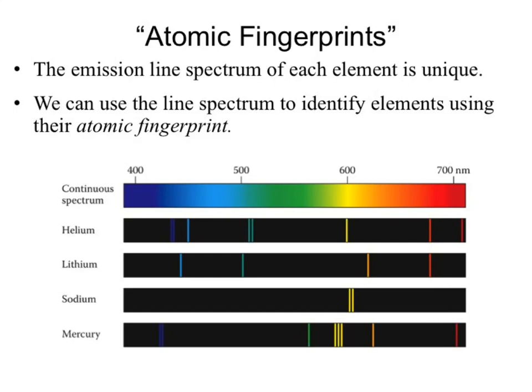That individual line spectrum can tell us that on that planet, or on that sun, there's a really high concentration of helium, because the helium atomic line patterns are really, really intense. Or there's a lot of lithium there, because the lithium spectrum is different from the helium. So we can do a lot of these long distance studies and look for those key elemental fingerprints. It's kind of neat.